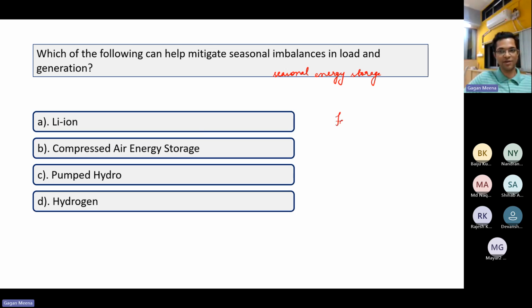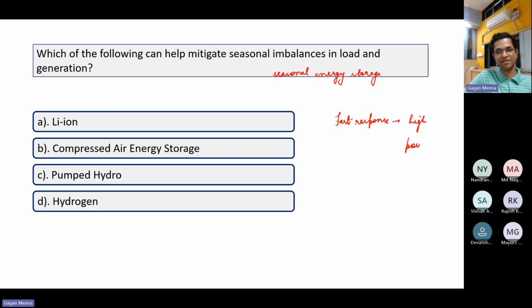Fast response is provided by high power density devices, high power density energy storages. You are saying B, lithium ion.